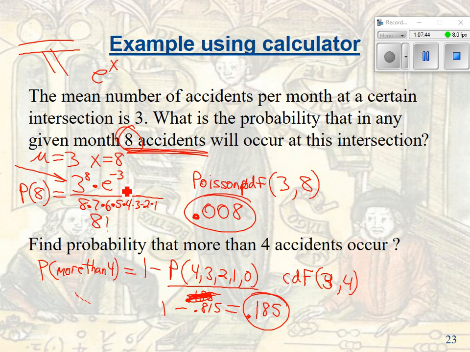So we could have just taken 12, 11, 10, 9, 8, 7, 6, all the way down to 5, and added them all up. And I bet that gets us real close to 0.185, even though we're skipping 13, 14, 15, 16, because they're so small they're negligible. We do not care.